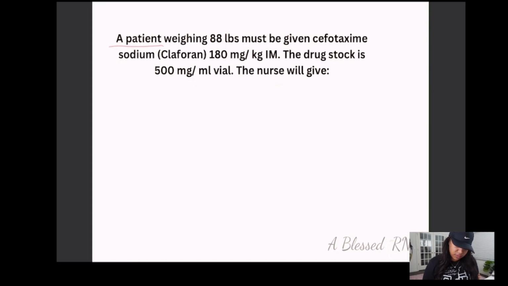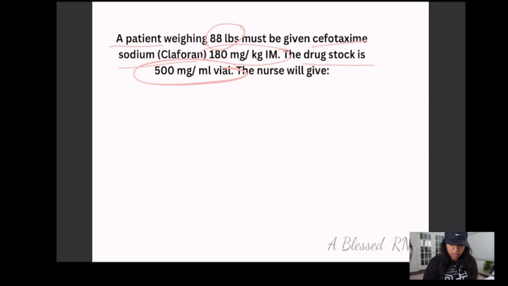The patient weighs this much, and they will be receiving this drug. The order is for this much, and the drug stock is this much. So let's figure out how much to give.